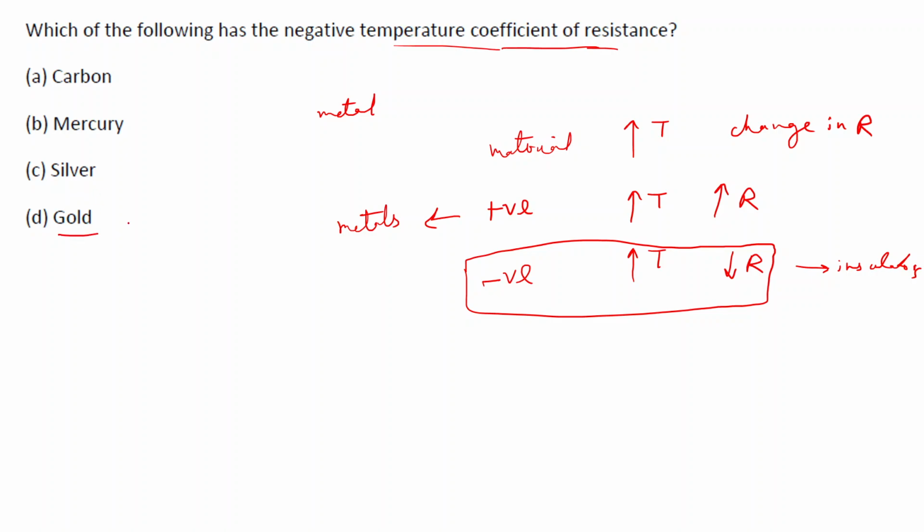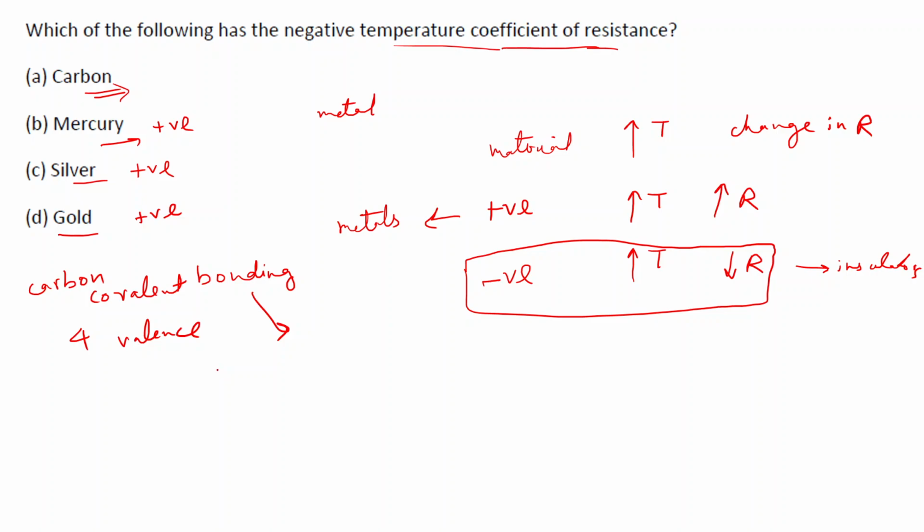Gold is a metal, that means it has positive temperature coefficient of resistance. Silver also is a metal, so it also has positive temperature coefficient of resistance. Mercury also is a metal, so it also has positive temperature coefficient of resistance. Carbon actually has covalent bonding. We know carbon has 4 valence electrons, right? And they bond with each other through covalent bonding.